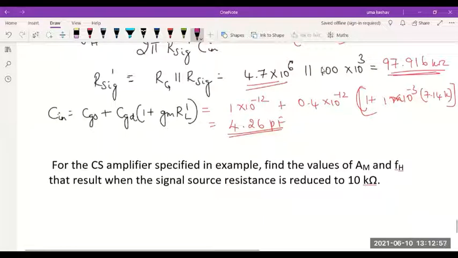By the time I take attendance, I want you to do this problem. Same thing, just find AM and AH if the signal source resistance is reduced to 10K.